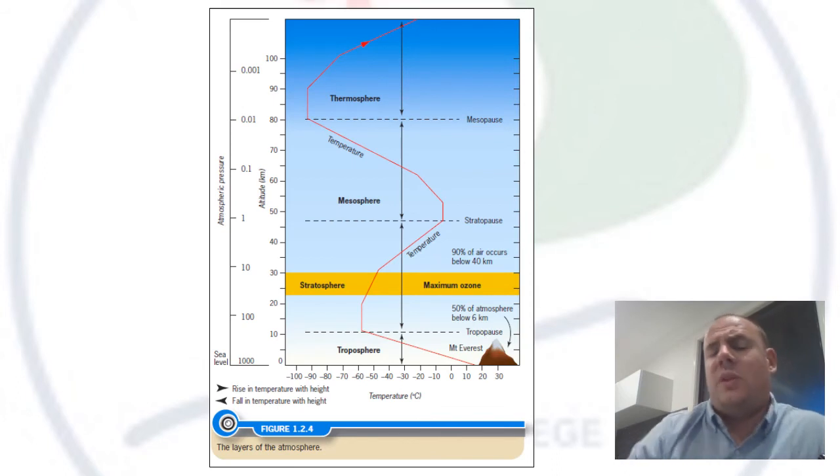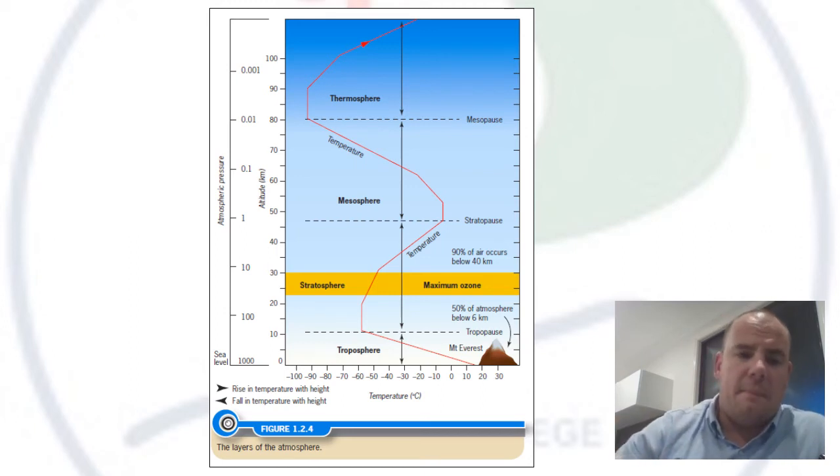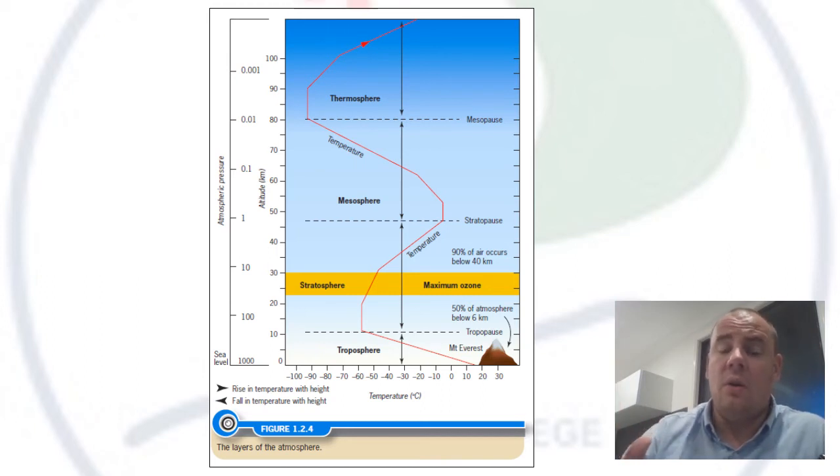If we were to draw a diagram of what the atmosphere looks like, this is what we would see. On the very left hand side, we can see atmospheric pressure. As I said, the higher we go, the lower the pressure. Why is that? Well, air pressure is the amount of gravity pushing on the air.